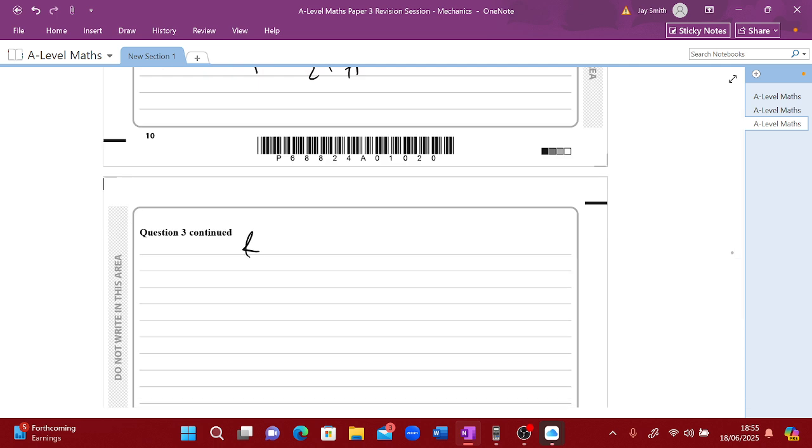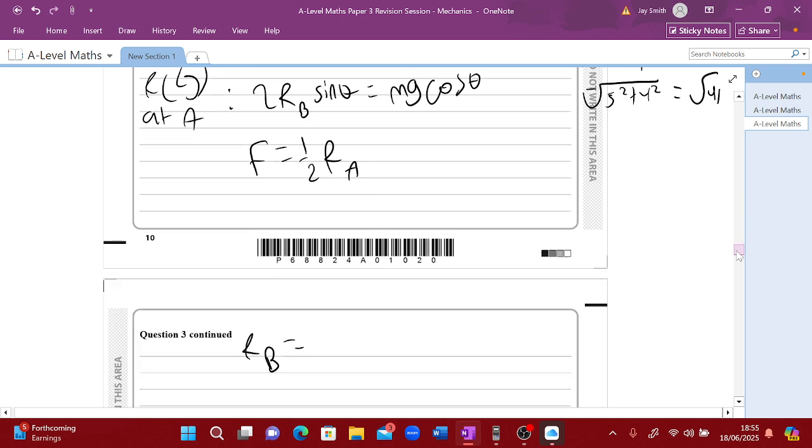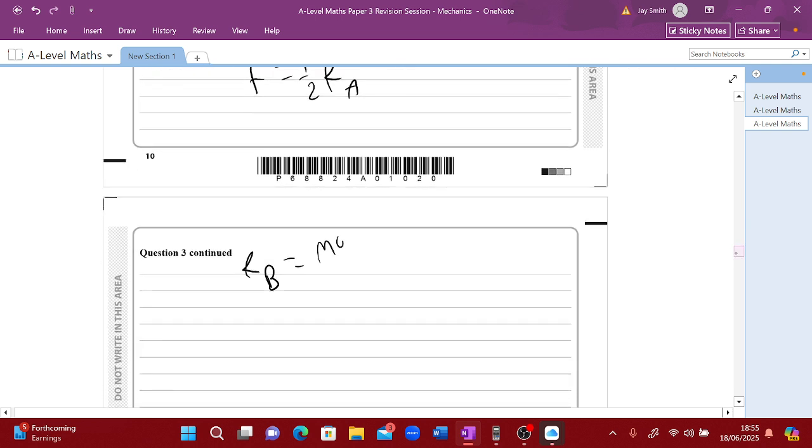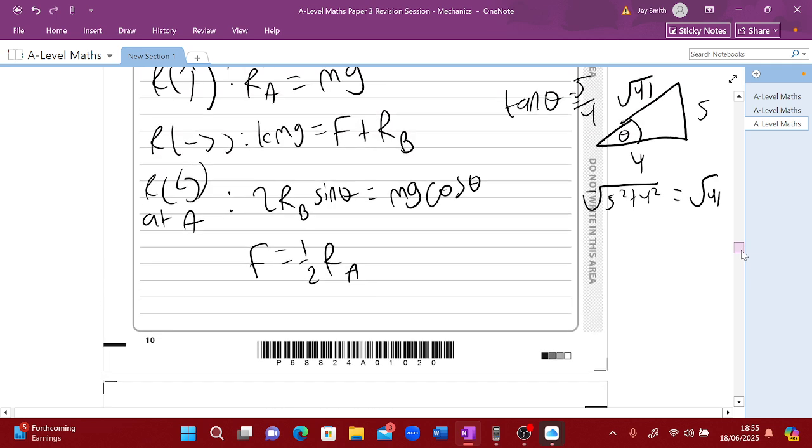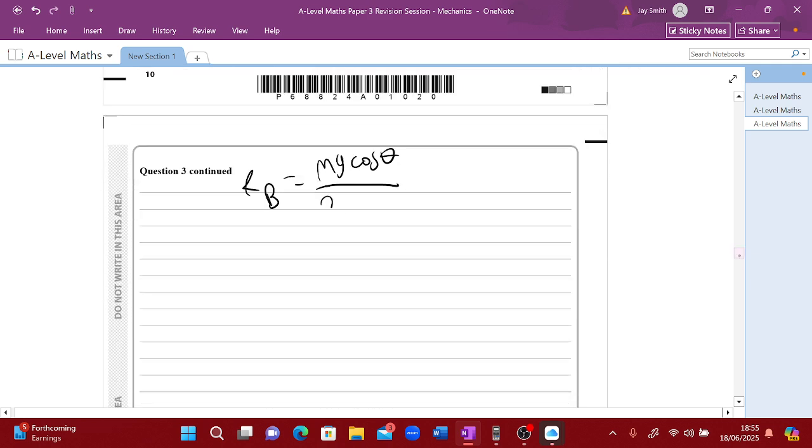So RB is going to be mg cos theta over 2 sine theta. So again, that's going to be a half mg cot theta. So cot theta, that's going to be half of mg.